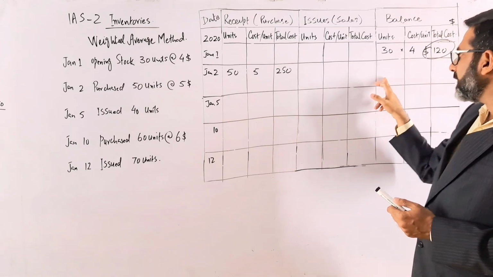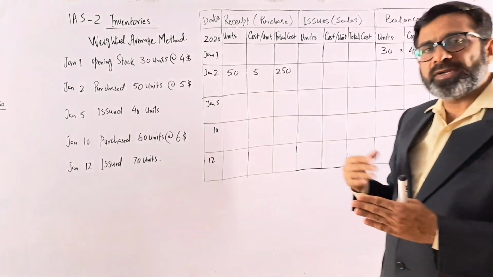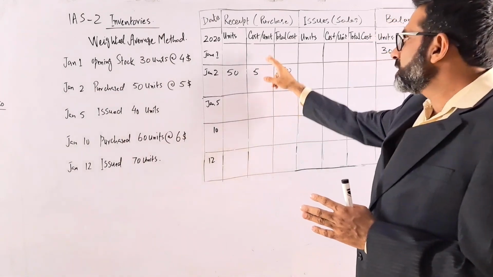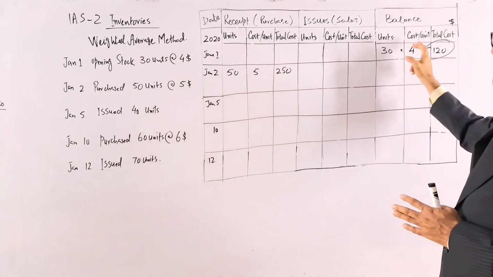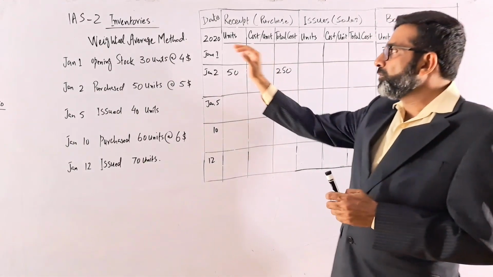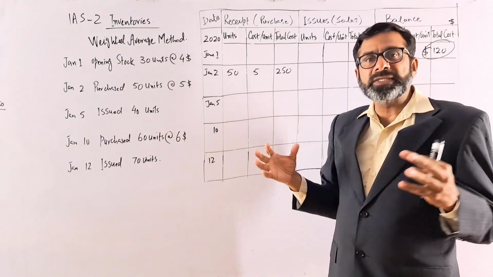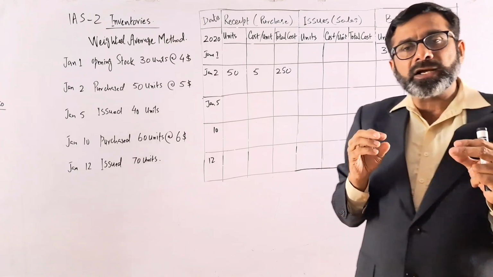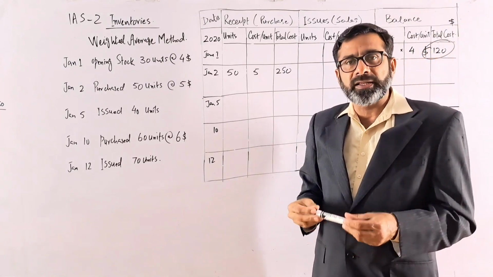Now what do we have to write? If you remember, in the first in, first out method we wrote separately how many units for $5 and how many units for $4. But here, in the weighted average method, we have to use the average number of units, and the cost will also be considered at the average.